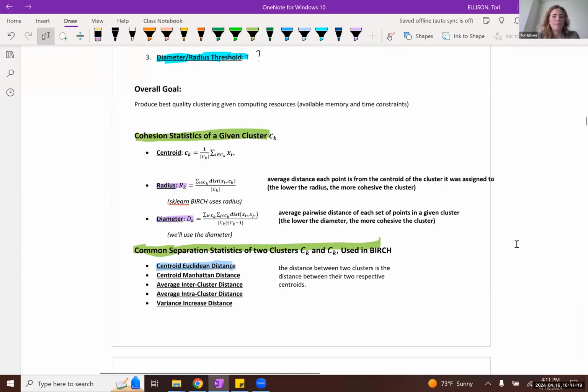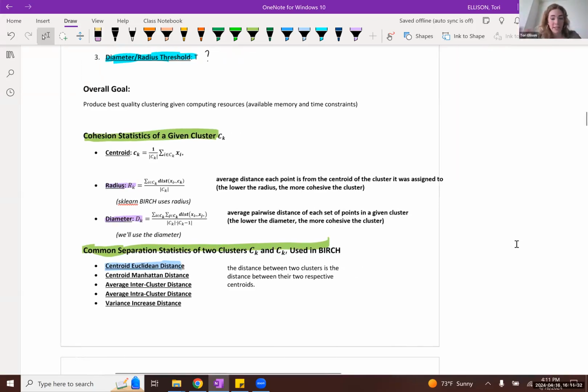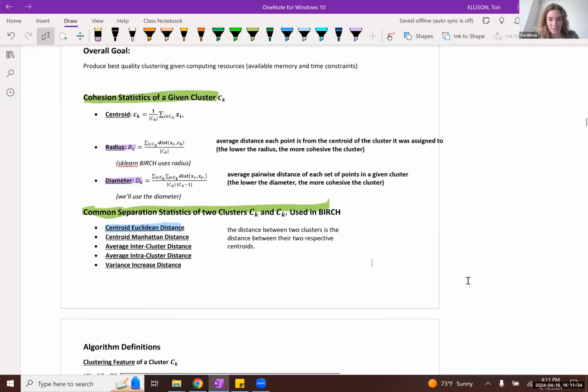Okay. Given that we're going to be heavily using these metrics for cohesion and separation that are heavily based upon the use of a centroid, we can already start to see that Birch is not an effective clustering algorithm for non-convex clusters.